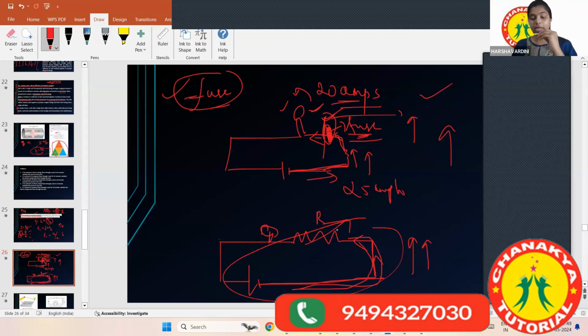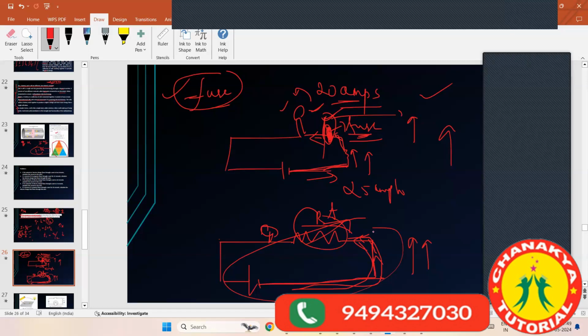But what is a fuse? That is what a fuse means. If you replace the resistor with a fuse, it will actually melt. Immediately when there is excess current, it will break the circuit, and very fast it will melt.